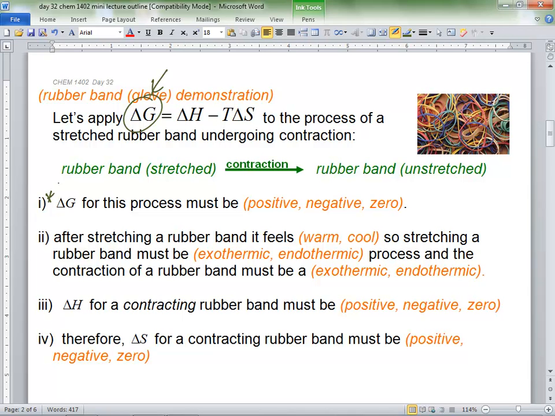Can't stop it, right? You'd have to do work to stop it. Caroline would have to run up here, grab the thing, and pull that way with some force, right? So it's a spontaneous process. That's natural. So delta G would be negative. Yeah, but you had no idea why.